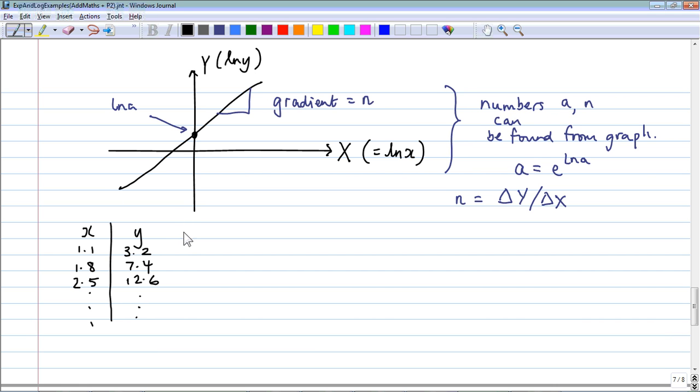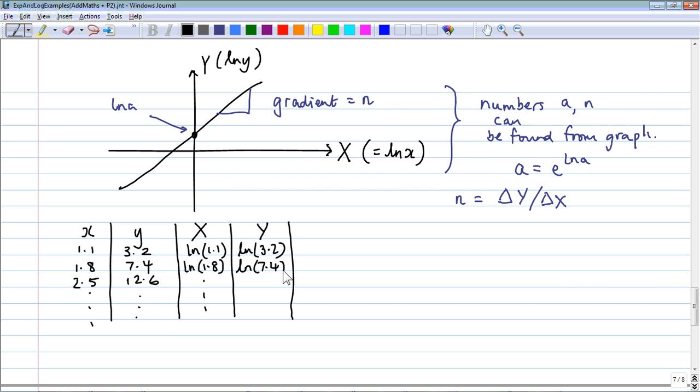And so what you're doing is making two more columns, capital X, where this is ln of 1.1, this is ln of 1.8, and so on. Capital Y, which is the logarithm of little y, ln 3.2, ln 7.4, and so on.